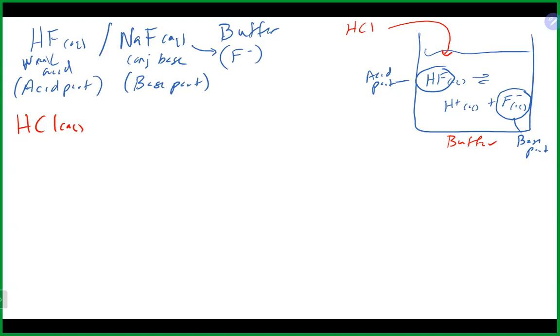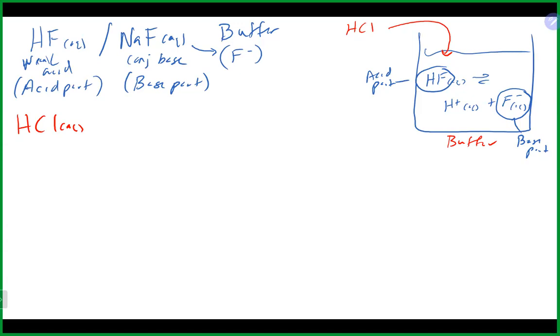Which part of the buffer should the HCl react with? The acid part or the base part? Acid-base reactions. So when you add the HCl, it's going to react with the base part of the buffer.